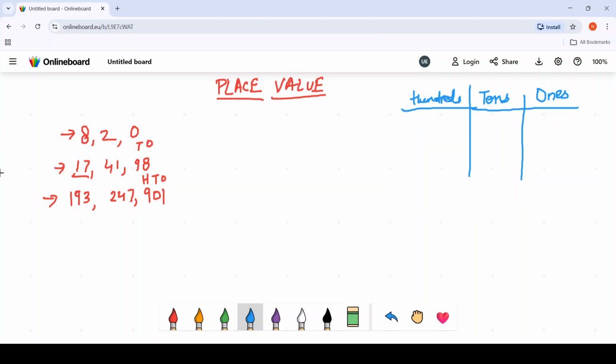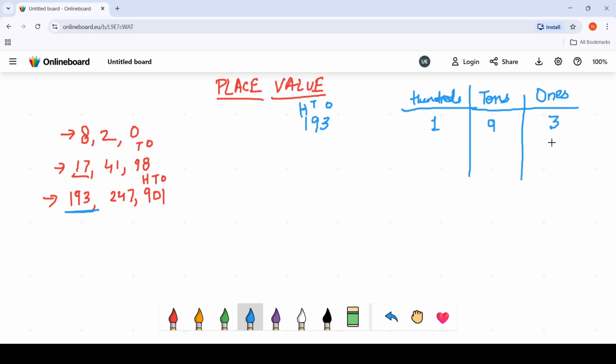So let's take 193. Okay, so this is at ones. We will write 3 in the ones column. 9 is at tens place, so we will write 9 in the tens column. 1 is at hundreds place, so we are going to write 1 in the hundreds column, right?